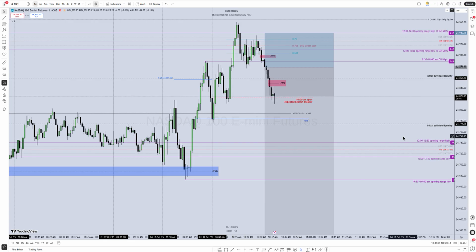I'm fearful of the new day opening up, giving us some traffic. And note that this 10 a.m. open is exactly at the middle of the initial buy side and initial sell side, so it's just in between that. That gives it more execution for more sells to drop lower.